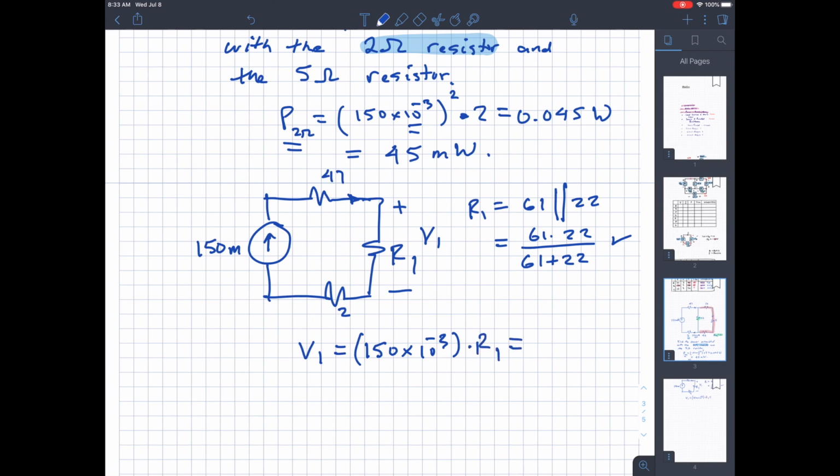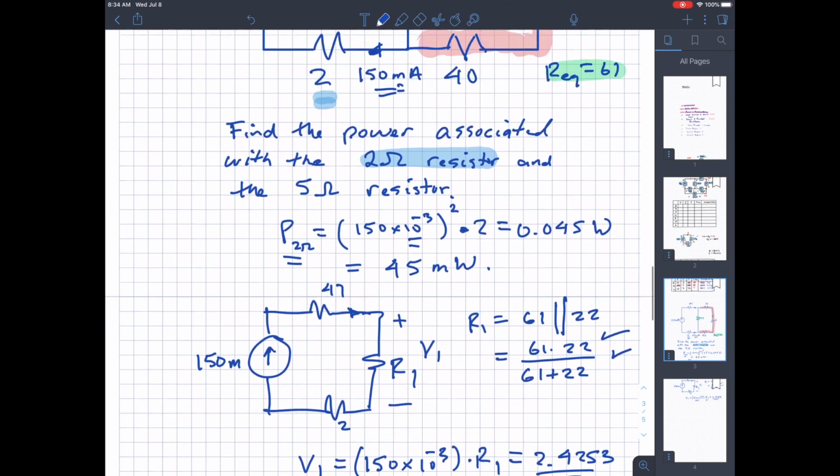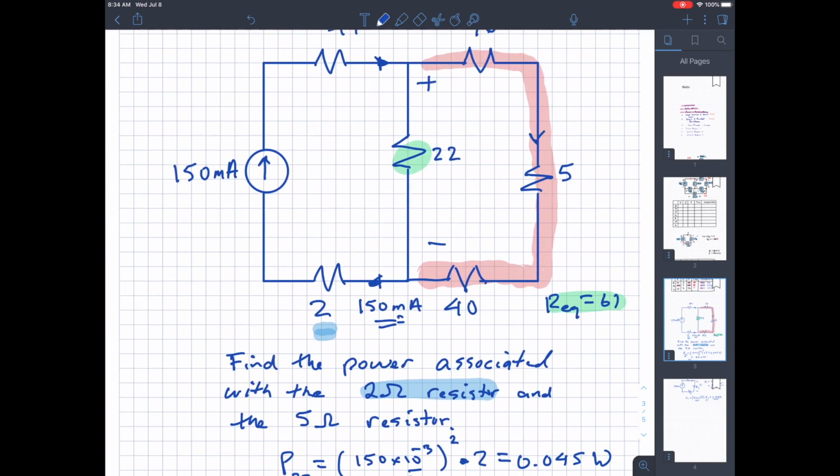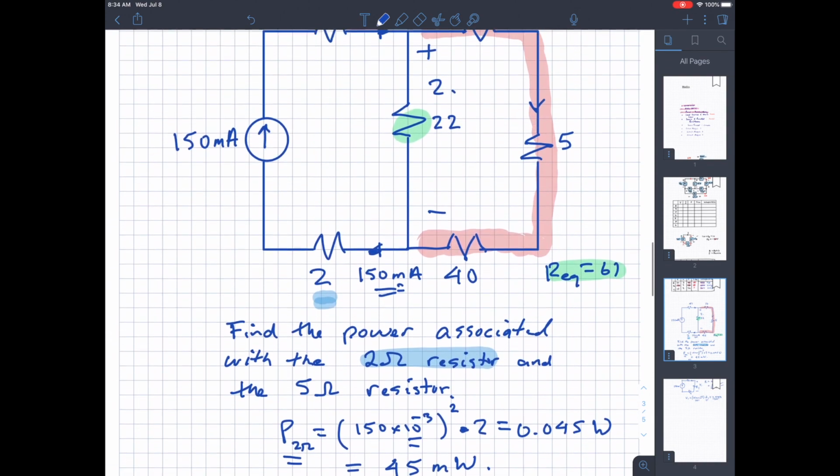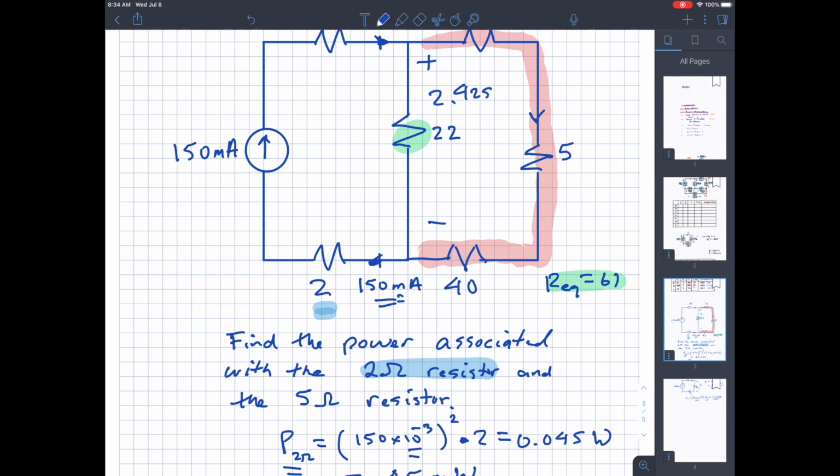I did that calculation, and I get, let's see, I did that somewhere, hang on just a second. Yeah, I get V1 to be 2.4253 volts. You see where I have all the numbers ready to go. R1 is this, and V1 is this. So now that I have that, I know this voltage is 2.4253.